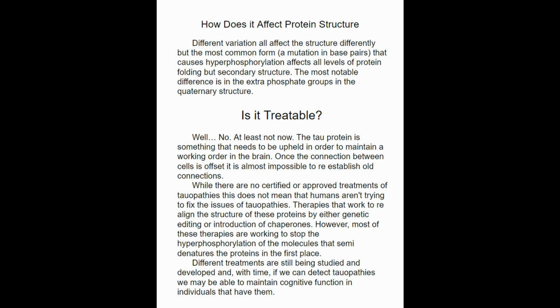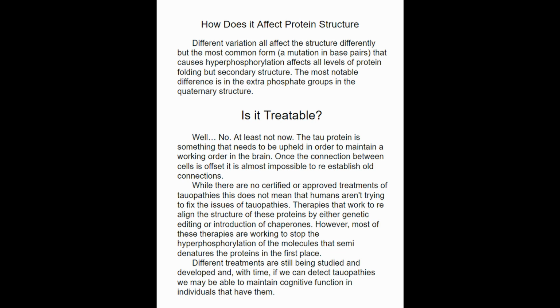This mutation actually pretty heavily affects the protein structures. The hyperphosphorylation is extremely detrimental to the quaternary structure, as it affects how the protein folds and how it connects to the other proteins. It's not necessarily a shape issue. It is more an issue of the way that the active site interacts with the other proteins in the microtubules.